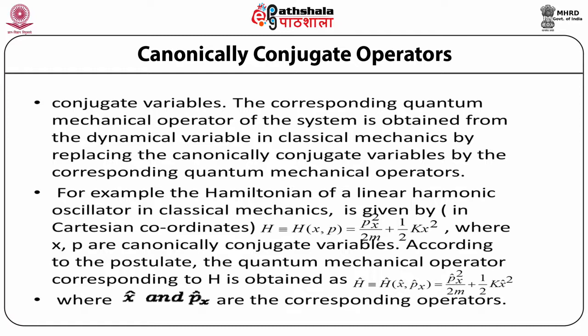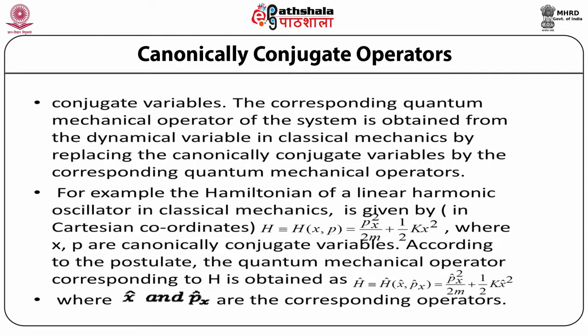That means that the canonically conjugate variables of classical mechanics now get replaced by the operators of quantum mechanics which define the system. We can take an example and consider the Hamiltonian of a linear harmonic oscillator.